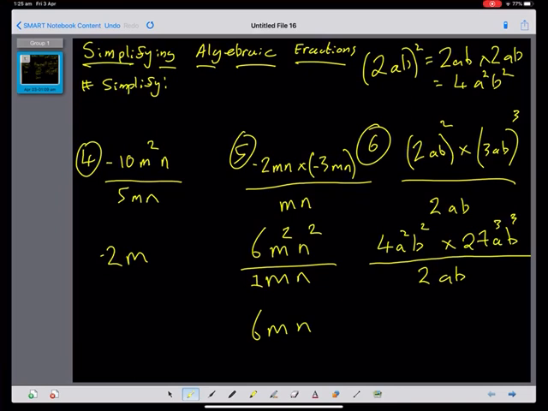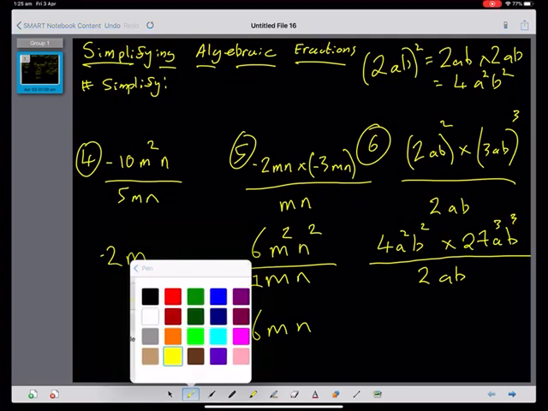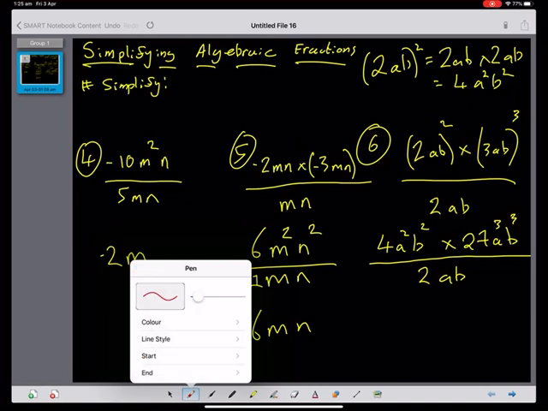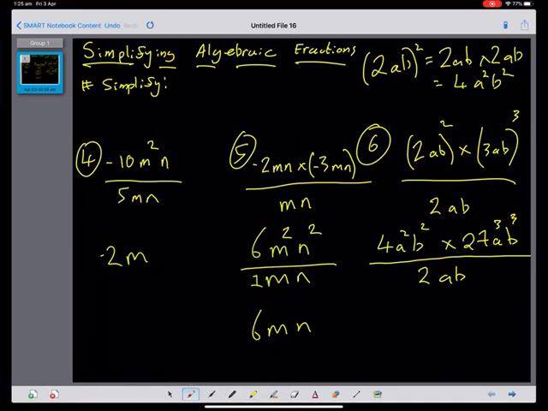Okay, you can do some simplification before you multiply everything, and I'd encourage you to do that. It's not wrong to multiply everything out, but this just makes it easier. Okay, now we can divide this. 4 divided by 2 is 2.